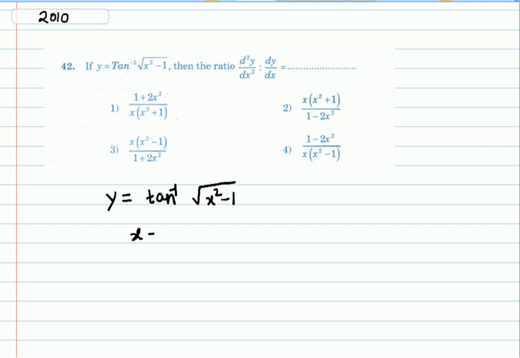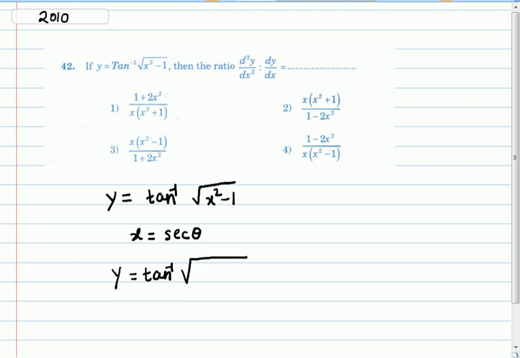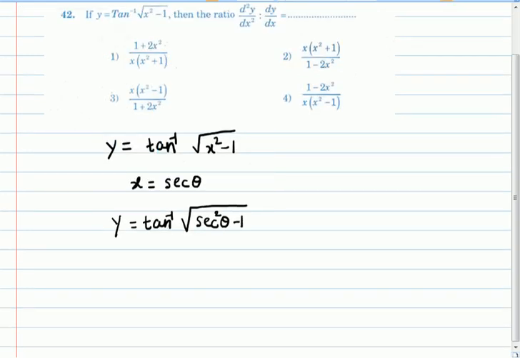Let us substitute x is equal to secant theta, so that the function is converted to tan inverse of root of secant square theta minus 1. Secant square theta minus 1 is nothing but tan square theta, so y is equal to tan inverse of the square root of tan square theta, which is only tan theta. Hence what we have is only theta.